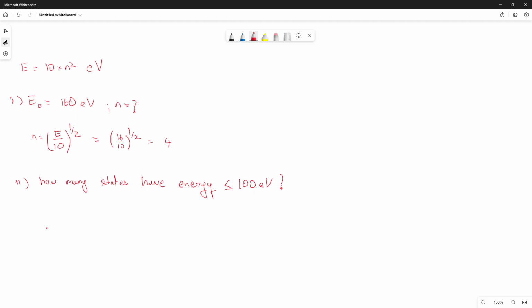For E equal to 10 n square electron volt, this is the formula, yes. But here I'm asking with energy less than or equal to 100 electron volts. Only one energy state?